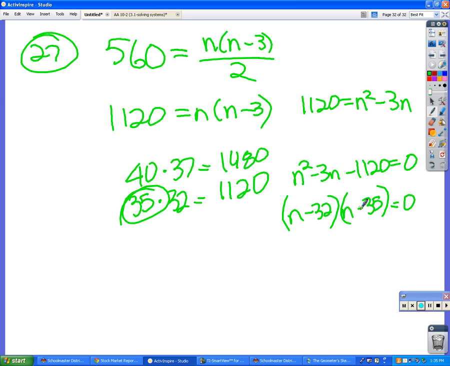So negative, right, -35, +32, thank you. So then your two answers are n could equal -32 or +35, but we can't have a negative number of sides, so we throw that out and say 35 is used. Okay? So that's the algebra way that someone like McGuire would like to do it.